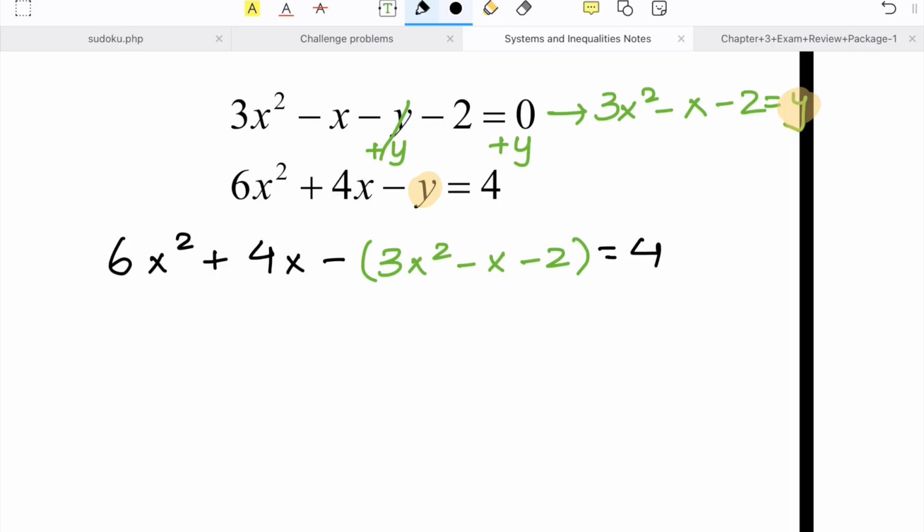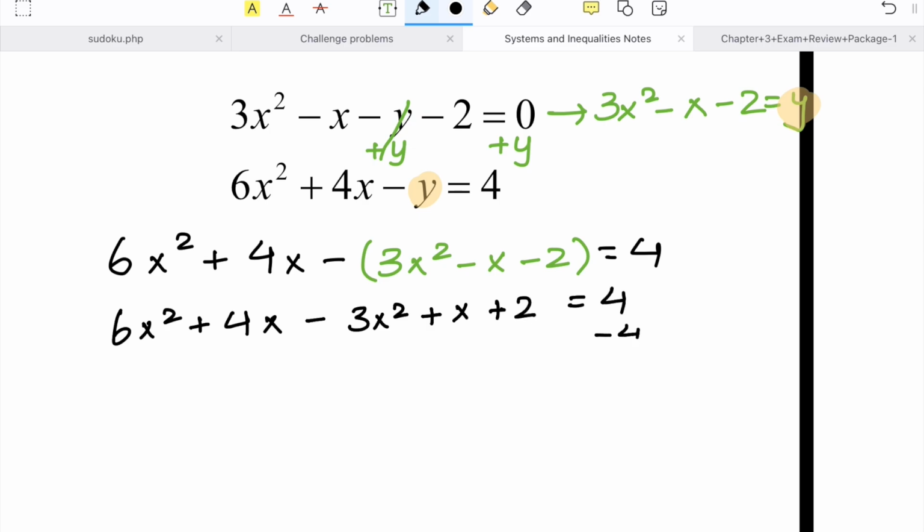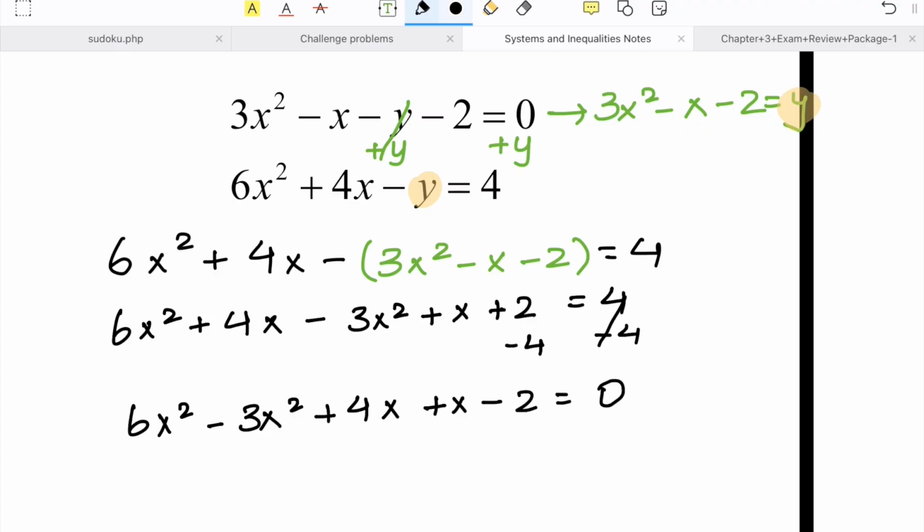I'll just open my brackets. So 6x squared plus 4x minus 3x squared plus x plus 2 is equal to 4. Subtract 4 on both sides and you get 6x squared minus 3x squared plus 4x plus x, 2 minus 4 is negative 2.